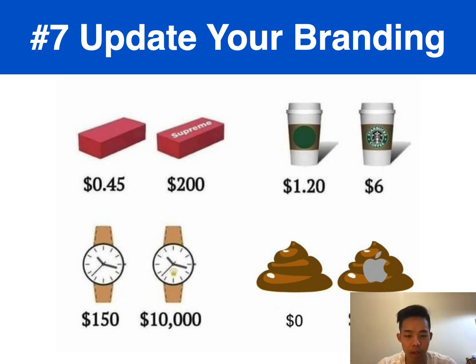Now check out these examples right here. The first one, I'm sure you guys know the brand Supreme, and their brand is based entirely on scarcity, hence that price tag right there.